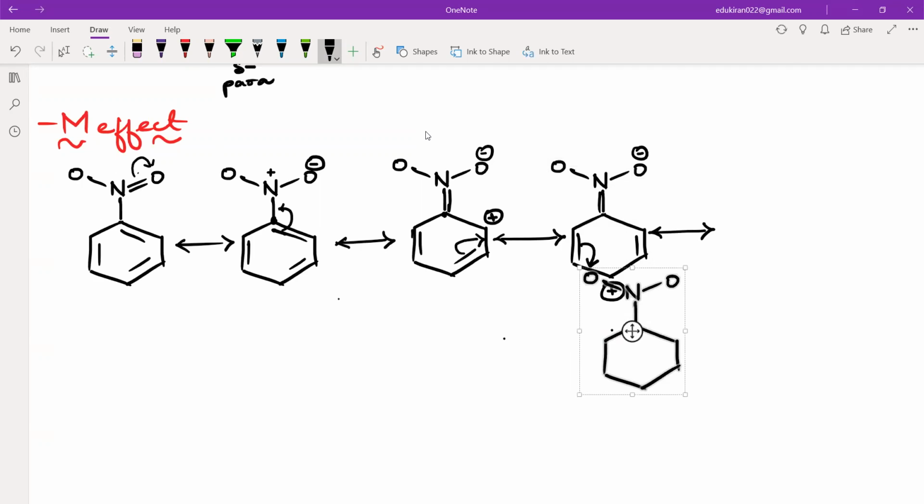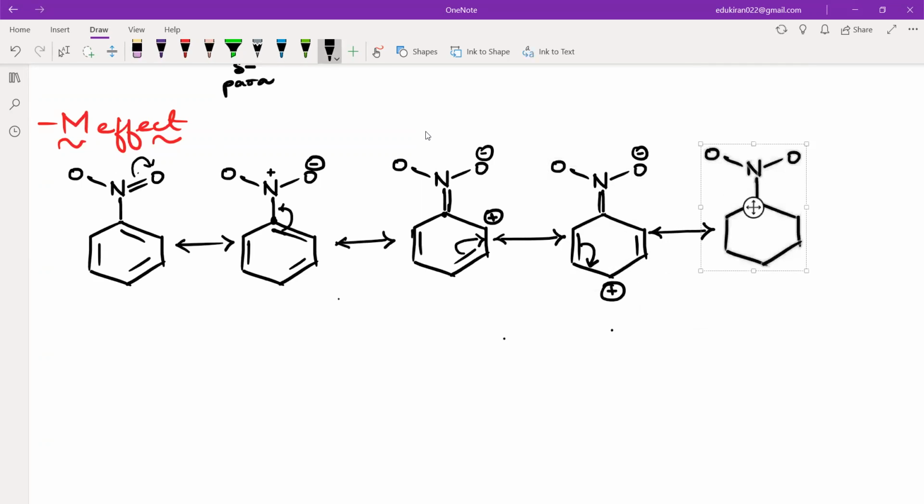Since we started clockwise, we are still going clockwise. So there's a double bond here, a negative charge here, and a double bond which is formed here, a double bond which is formed here, and then there is a positive charge here. Furthermore, this bond will move here, right? And then this bond will move here simultaneously. So we can write the last resonating structure.